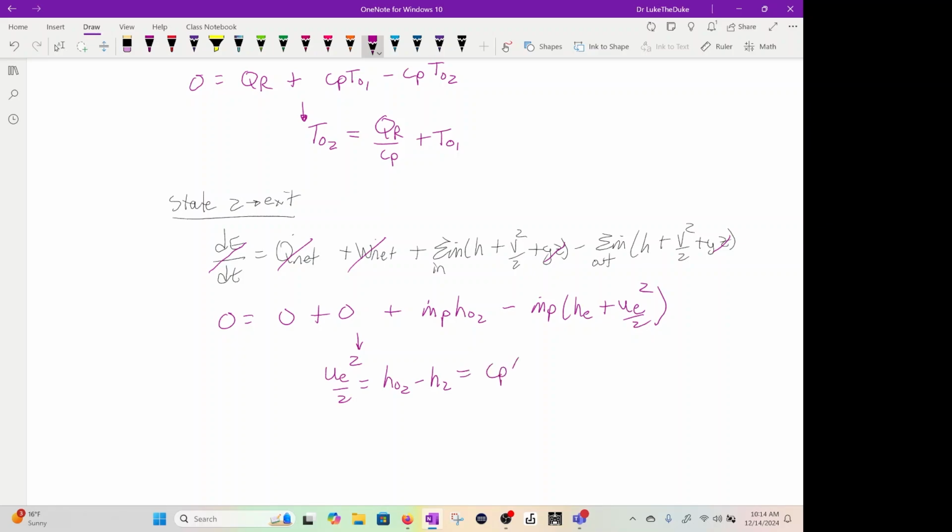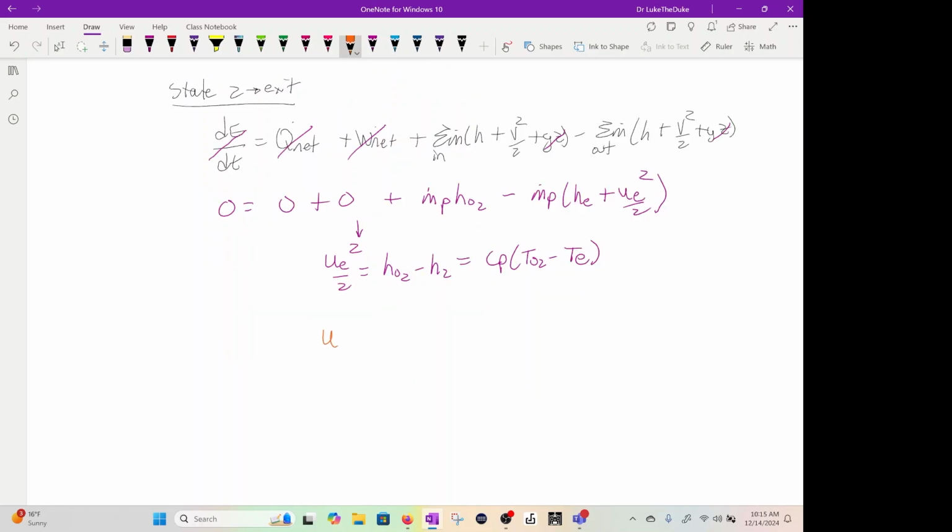This can be Cp of T naught 2 minus T at the exit, Te. You write this as Ue equals the square root of 2 Cp, I'm going to factor out a T naught 2, 1 minus Te over T naught 2.